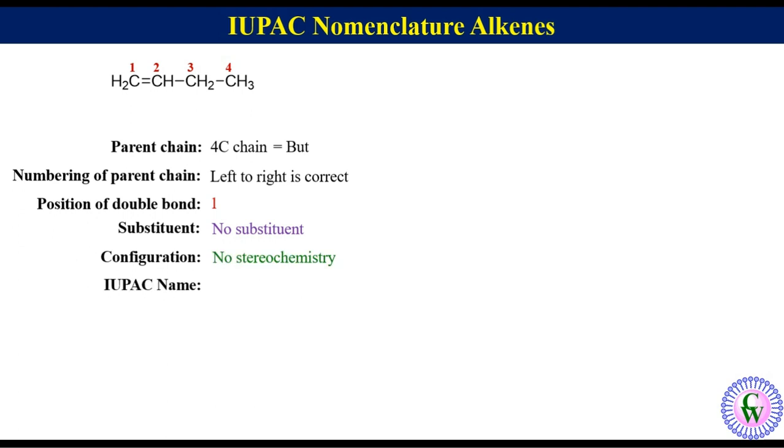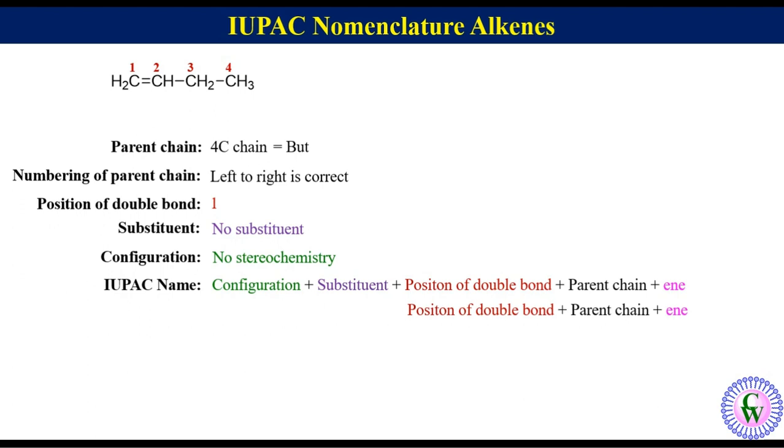The IUPAC name will be configuration plus substituent plus position of double bond plus parent chain plus ene. Since there are no substituents and stereochemistry, the IUPAC name will be position of double bond plus parent chain plus ene. So the IUPAC name of this molecule will be 1 plus but plus ene.